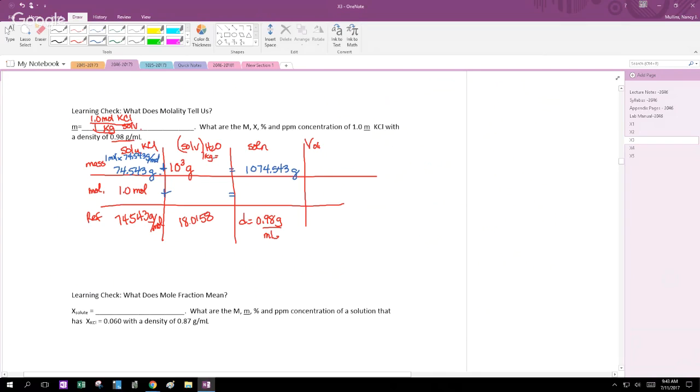Sure, I can find the moles of solvent. I've got 10 to the third grams, according to my molar mass. For 18.0158 grams, there's 1 mole. That's 55.5068.